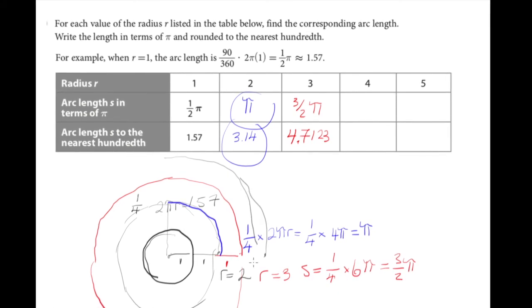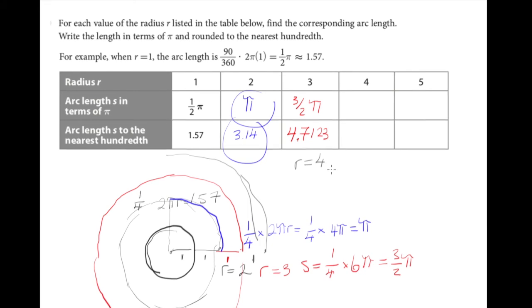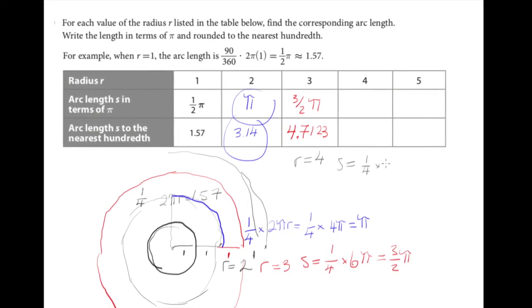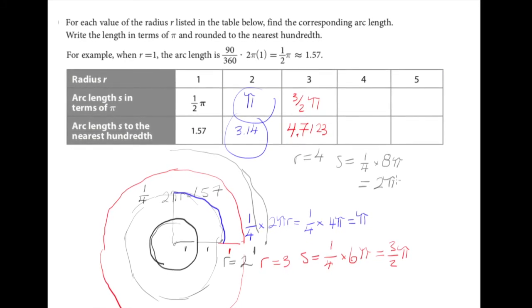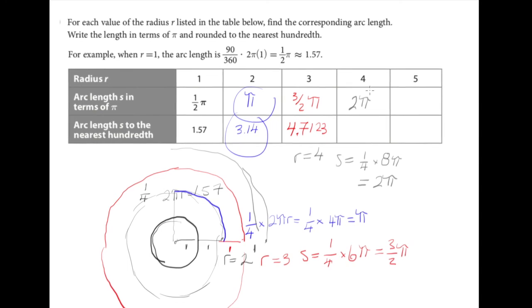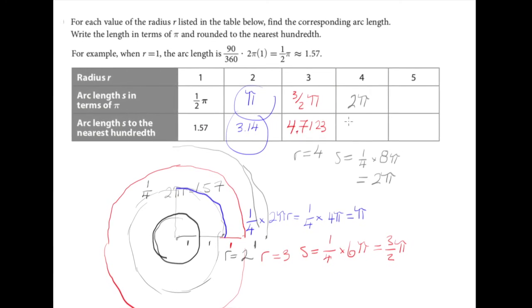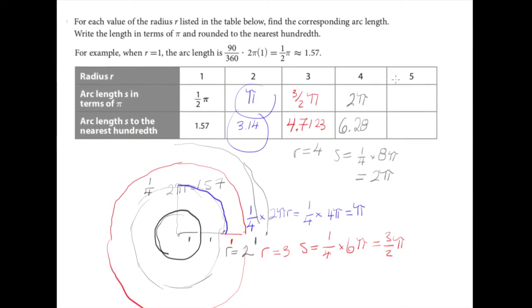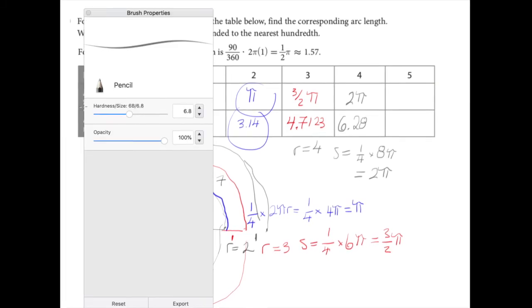If you put 4 in for the radius, you end up getting 2 pi. And do the same thing for a radius of 5.